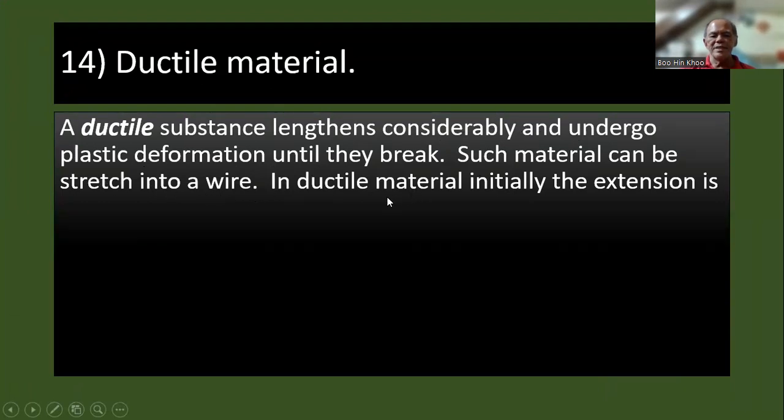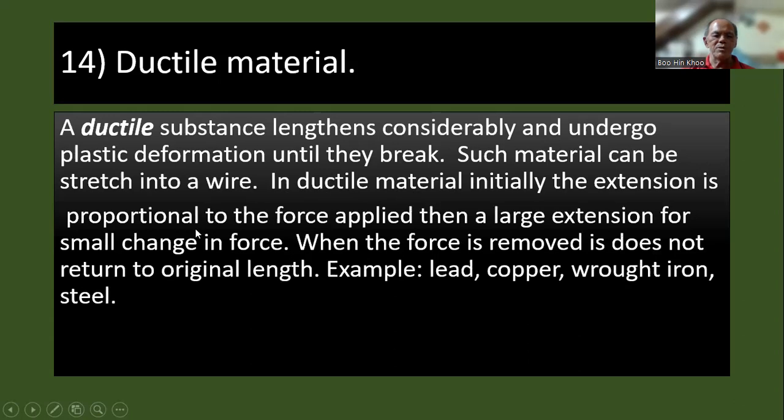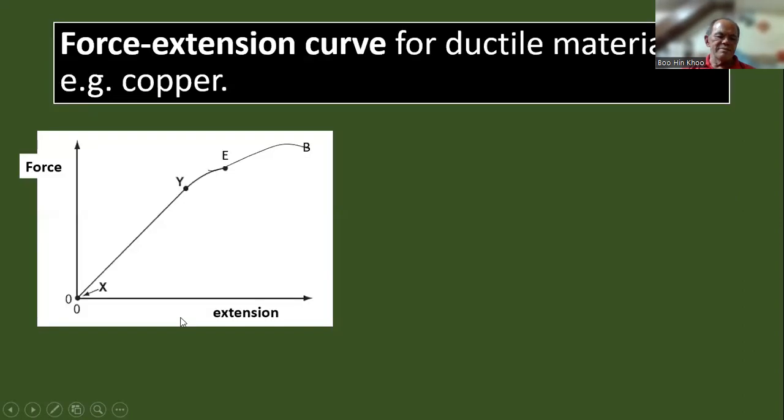In ductile material, initially the extension is proportional to the force applied, then a large extension for a small change in force. When the force is removed, the wire does not return to its original length. Example of ductile material would be lead, copper, wrought iron, steel.